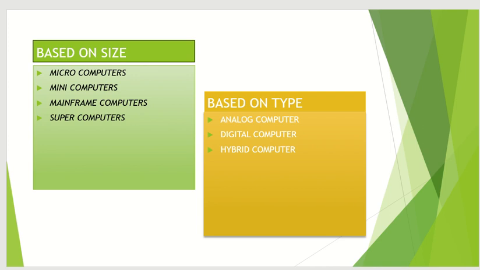Here, the time is obtained by comparing the hour and minute hands with markings on the dial. Some other examples of analog computers are meter scale, thermometer, speedometer, voltmeter, etc.